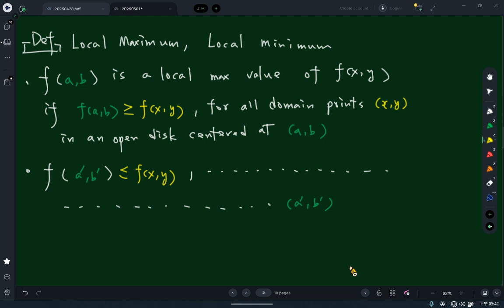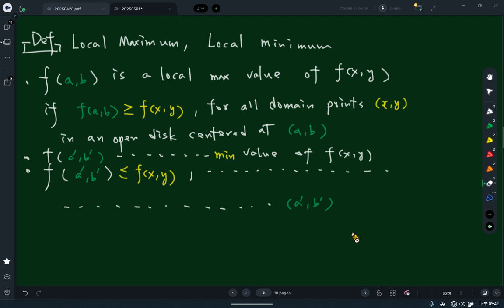Sorry, maybe I just made some mistake. Okay, here if we say f of (a', b') is a local minima value of f of (x, y).